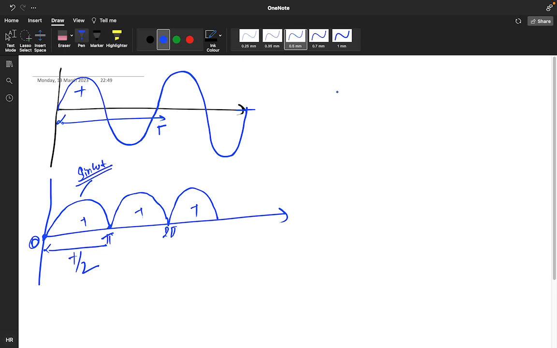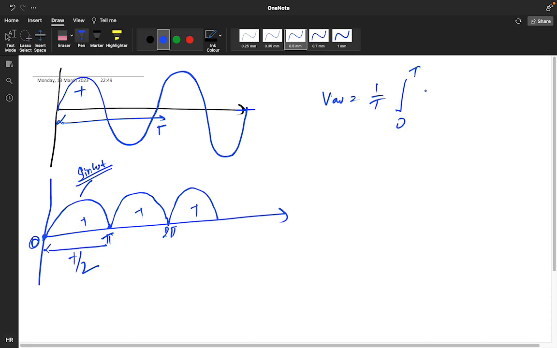Now you have to find the average value. So what was the average value formula? 1 by t, 0 to t, v of t into dt. Now the cycle became full cycle means see the repetitions became at t by 2 only. So you have to use t by 2, 0 to t by 2.